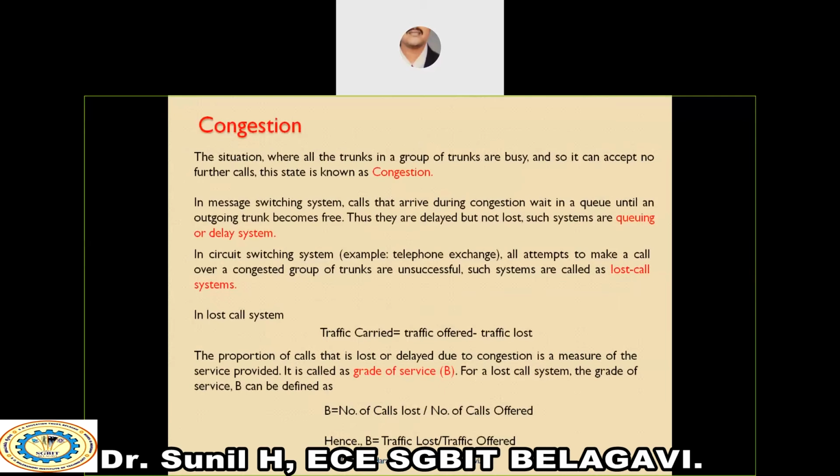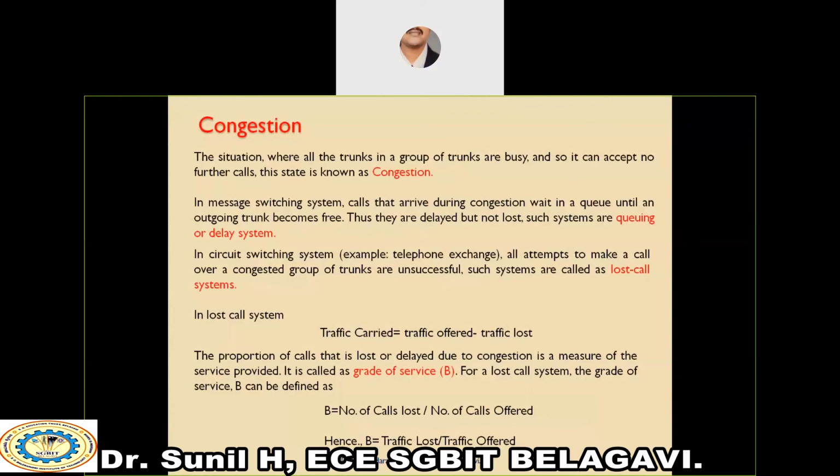But when you consider a circuit switching system, this is not possible. If all attempts to make a call over a congested group are unsuccessful, then such systems are called lost call systems. They are not called queuing systems.